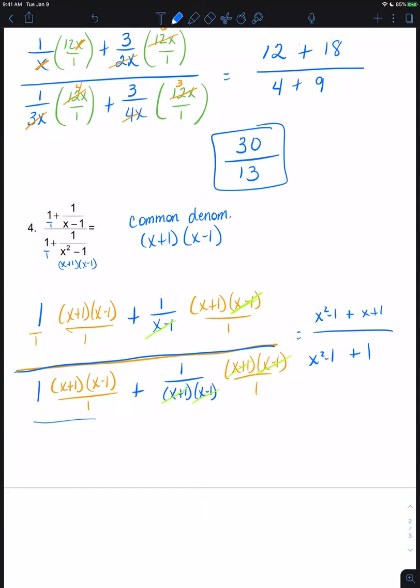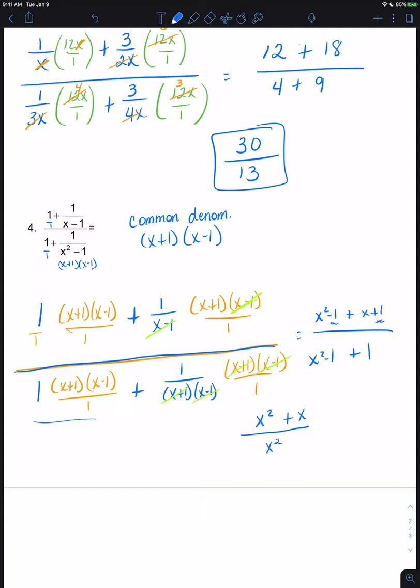So let's combine like terms. On the top, we've got that x squared. We have a positive x, and then the negative 1 and the positive 1 will cancel out or make 0. And so that is going to be all over x squared.